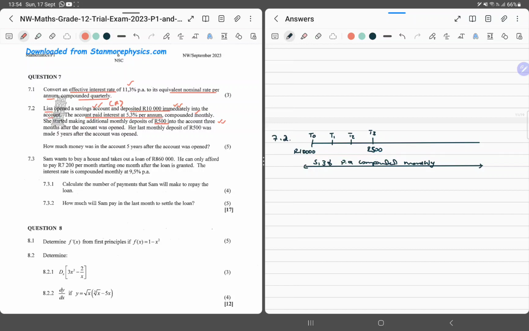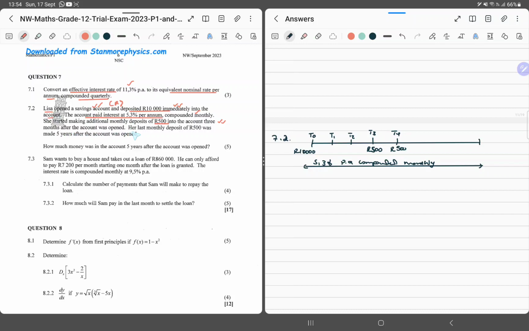That is a 500 deposit. You understand me? Okay. So technically she's going to continue paying this 500 all the way, and we don't know until when.